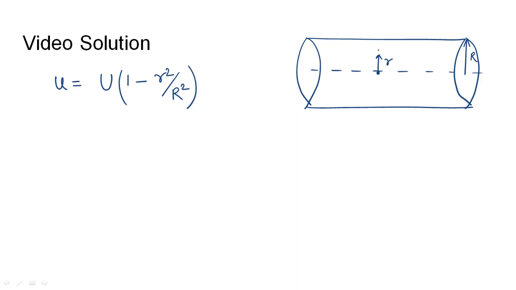So we will consider an element which is circular in shape. It is at a distance of r from the center of the pipe, and it is of a thickness dr. So the area of this circular element will be dA, that is the circumference 2 pi r into the thickness of the element, that is dr.